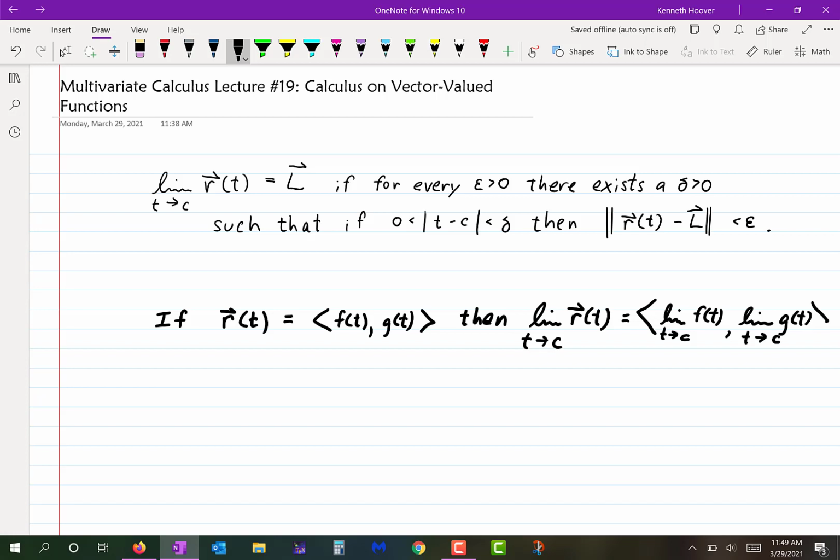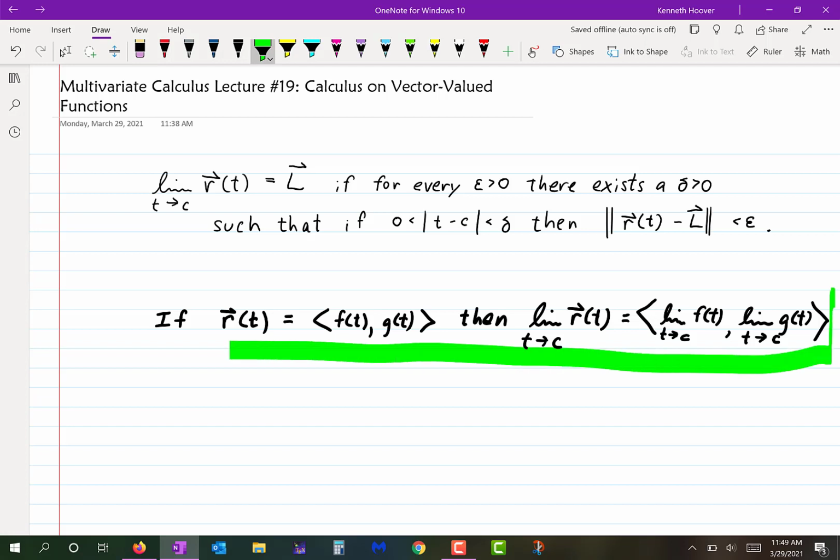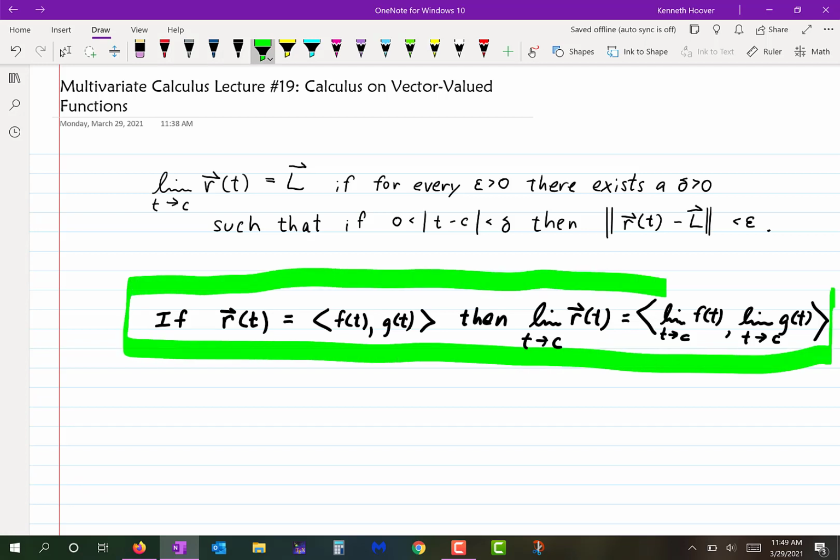You see, if r is a vector valued function, then r is just made up of a vector with two real valued functions in it. And so the limit of this vector valued function is just the vector that has the limits of the real valued functions. That's a much easier way to do it rather than doing the whole epsilon delta thing all over again.